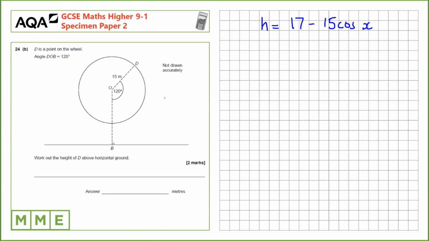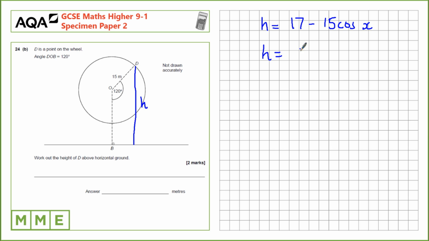Question 24b. D is a point on the wheel and the angle DOB is 120 degrees. Work out the height of D above horizontal ground. In the first part of the question, we said that this height was h, which we figured out an expression for, which is 17 minus 15 cos x. To find out the height of h, we need to substitute x, the angle, 120 degrees.